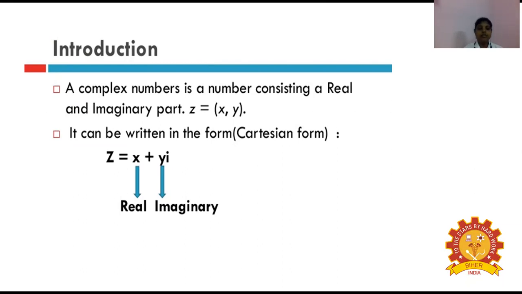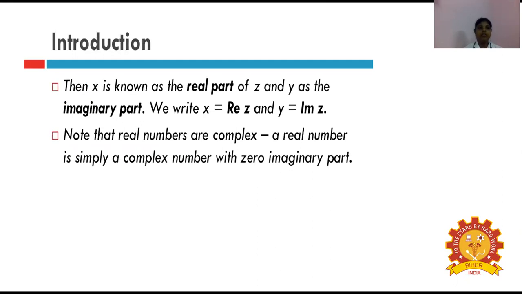Here X denotes real, Y denotes imaginary. Then X is known as the real part of Z and Y is known as the imaginary part. Then we can write it as X equal to Re Z and Y equal to Im Z.